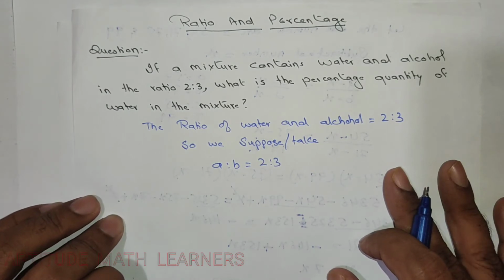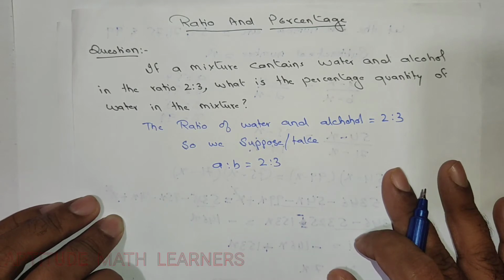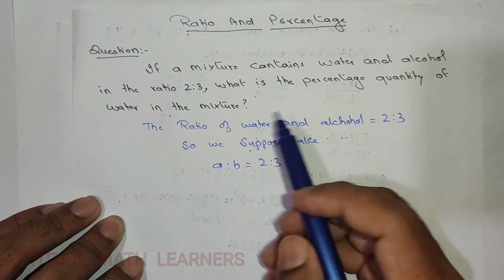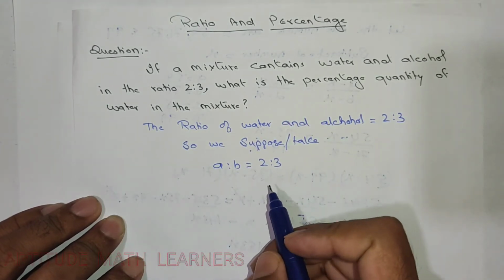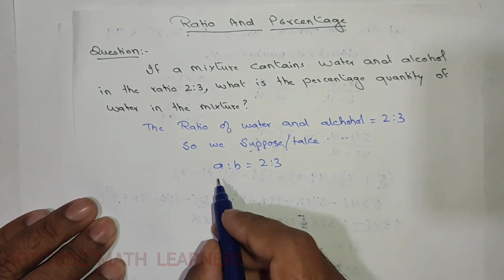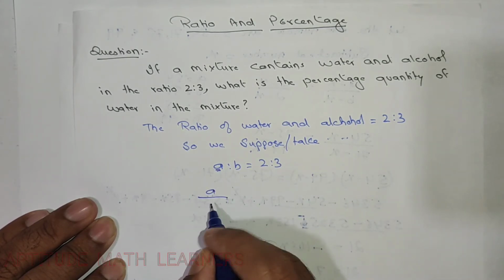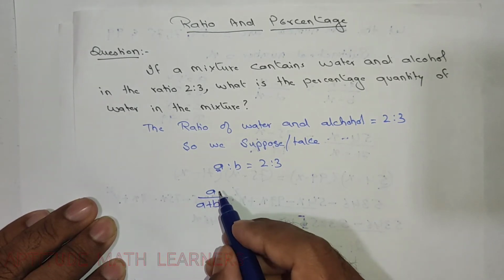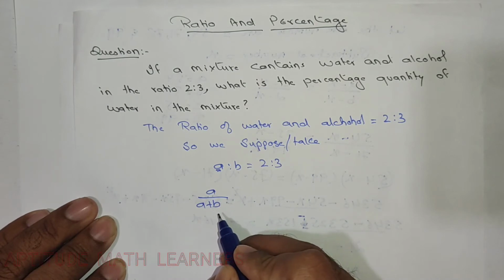So first of all, we have to find the quantity of water. Here we are asked to find the percentage quantity of water. So the water in the mixture is A, so A upon A plus B. This is water and this is the whole mixture, the mixture of water and alcohol both.